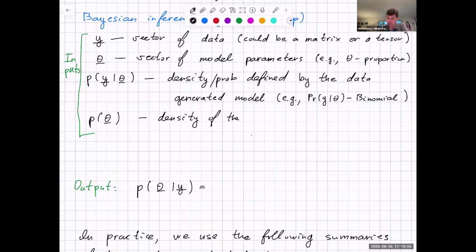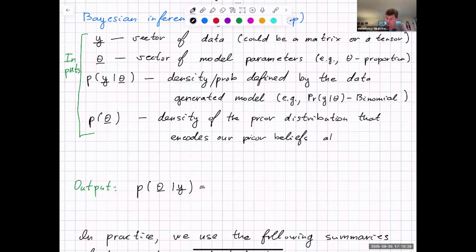And we also need priors. So the density of the prior distribution that encodes our prior beliefs about the parameters.